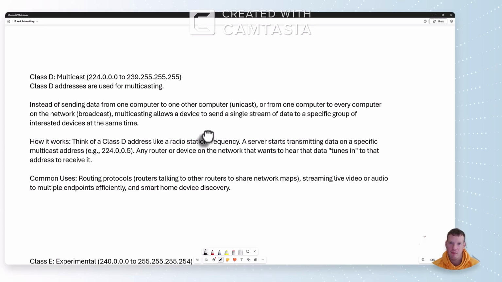A server transmits data on a specific multicast address, for example, 224.0.0.5. Any router or network device that wants to hear the data tunes in to that address and receives it. Some common uses for this are routing protocols, routers talking to other routers to share network maps, streaming live video or audio to multiple endpoints, and home smart device discovery.